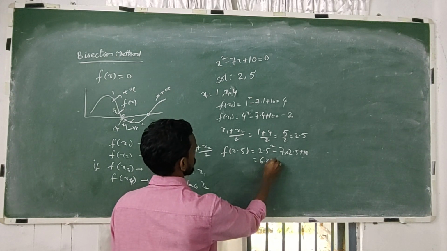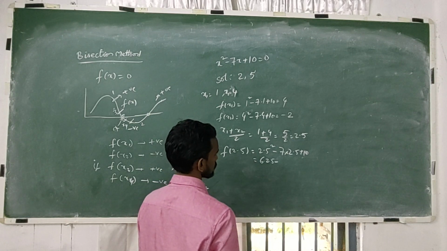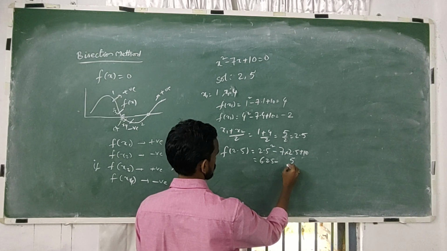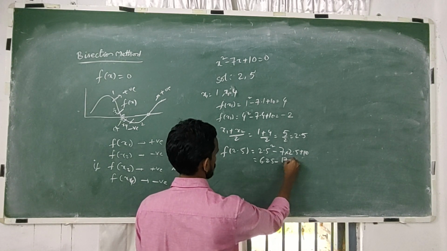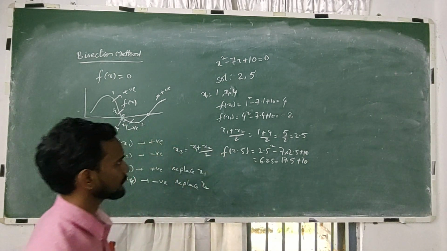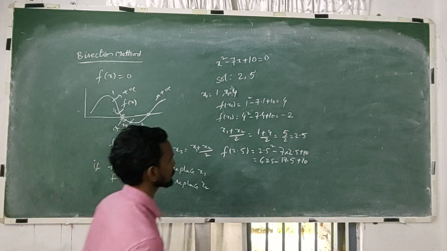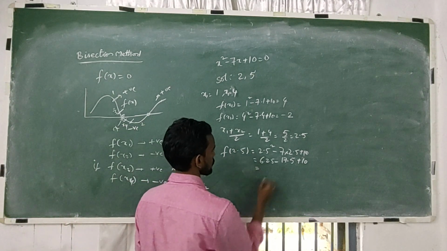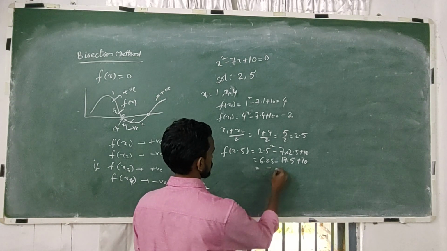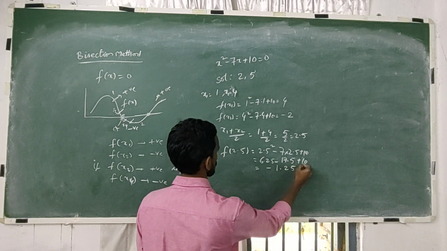So this is 6.25 minus 17.5 plus 10, which is minus 1.25.